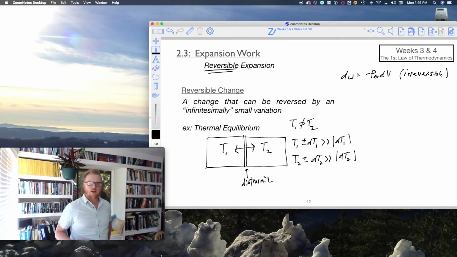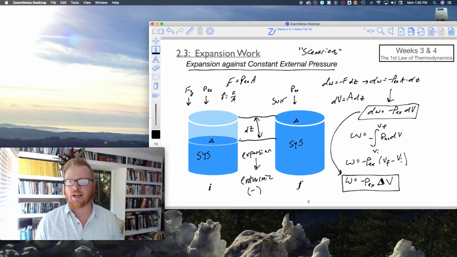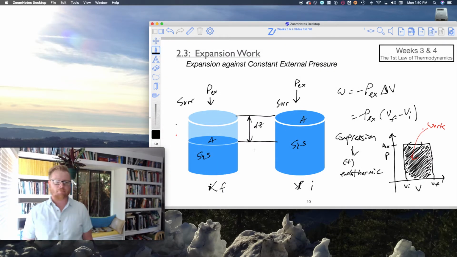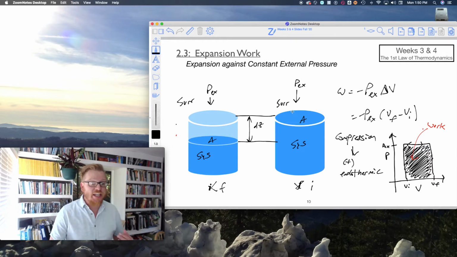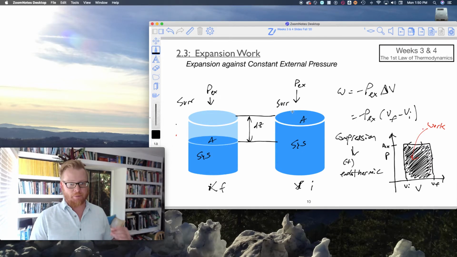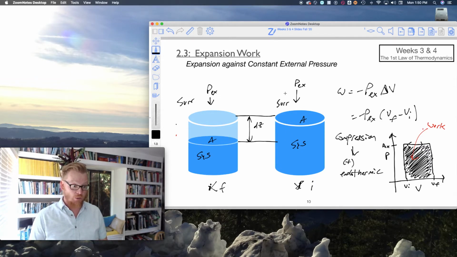Irreversible. Why did I write irreversible on that equation? Remember, this is the equation for expansion against constant external pressure. Let's back up to that for a second. Whether I'm going expansion or compression, once my system achieves mechanical equilibrium with the surroundings, the pressure inside the system will be the same as the pressure of the surroundings.